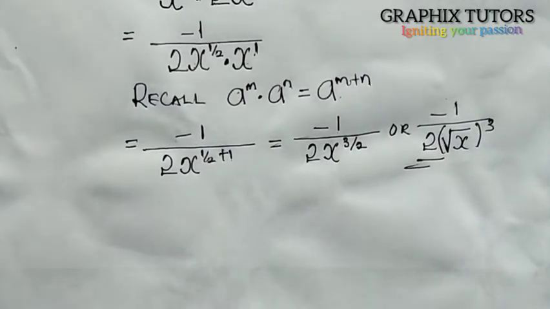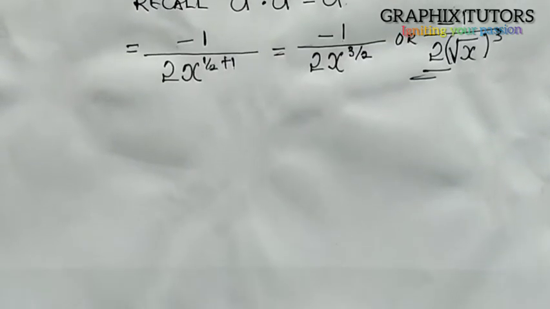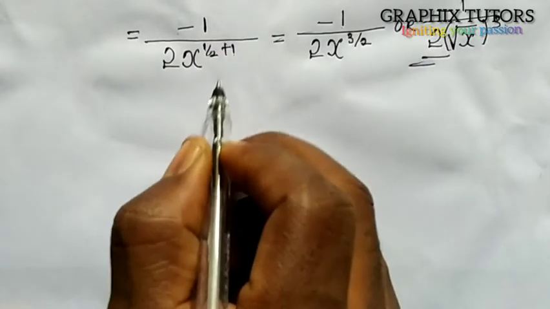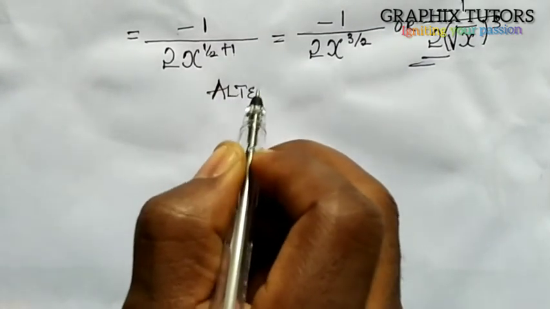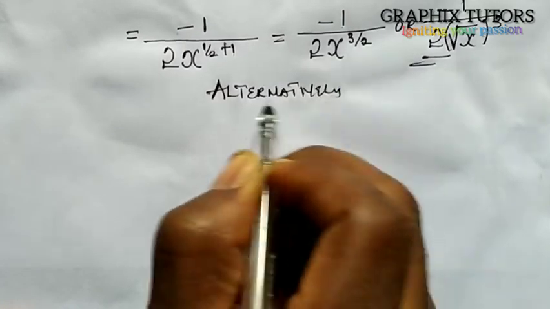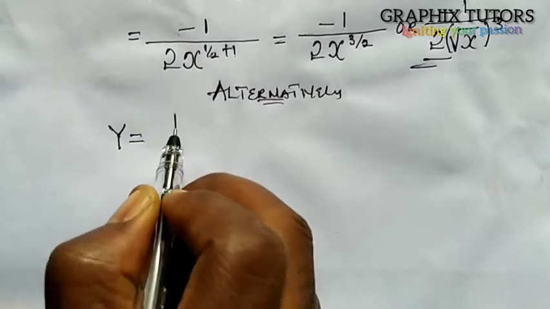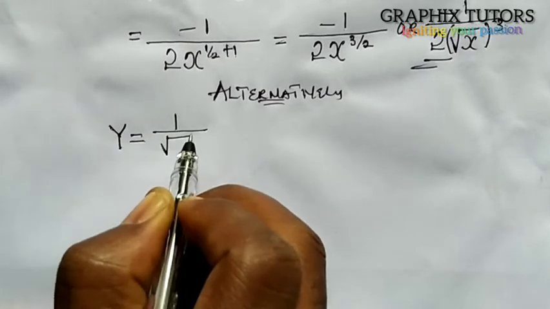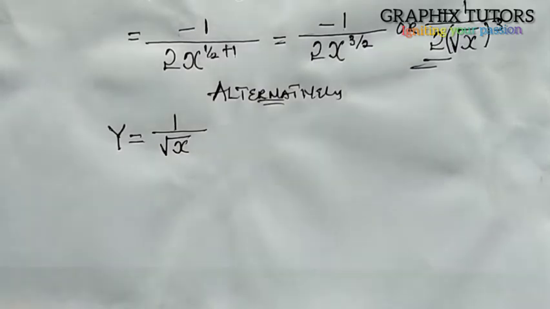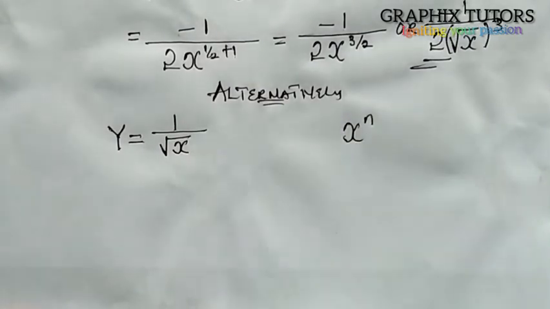This is what we call first principle. But if I was told to use power rule, we know that alternatively, if we are not told to use first principle, and we are told to use power rule, and we say that my y is equal to 1 all over root x. Now the aim of power rule is that whatever you have, you must take it to this form of s to the power n, right?